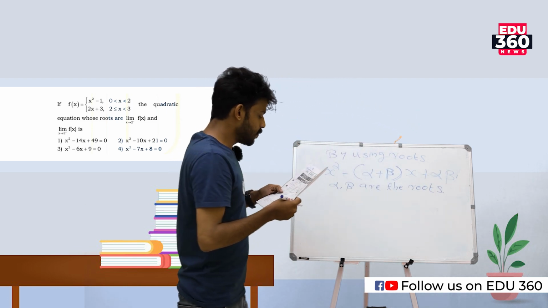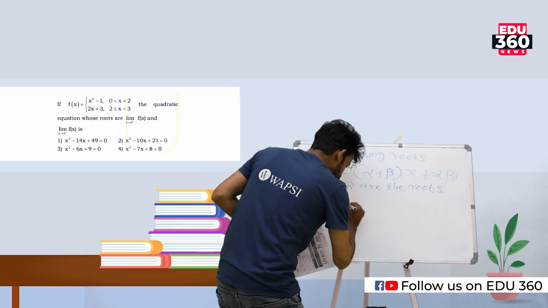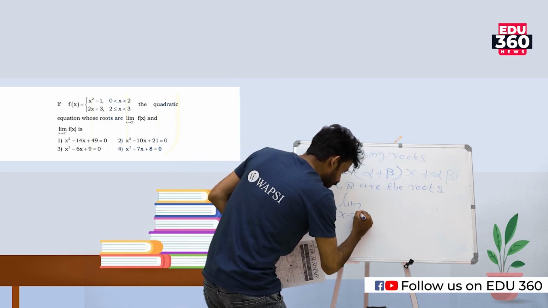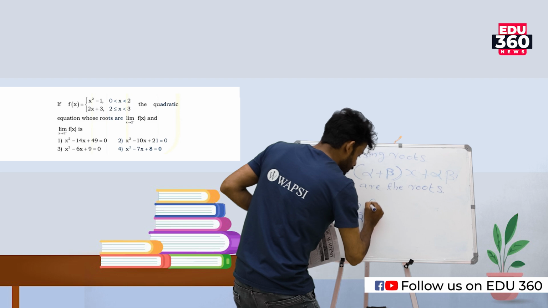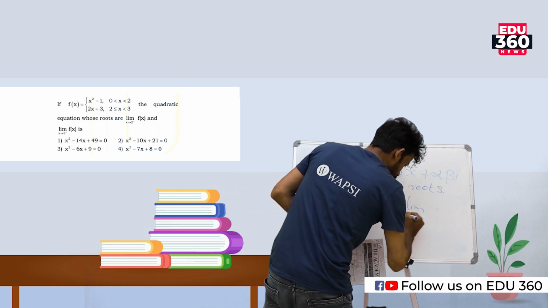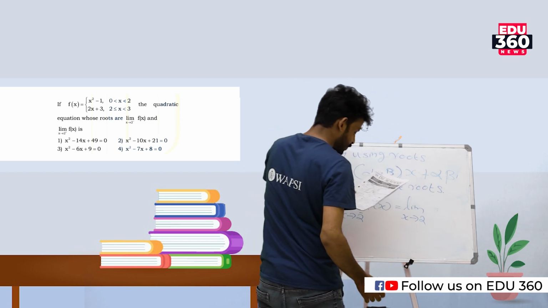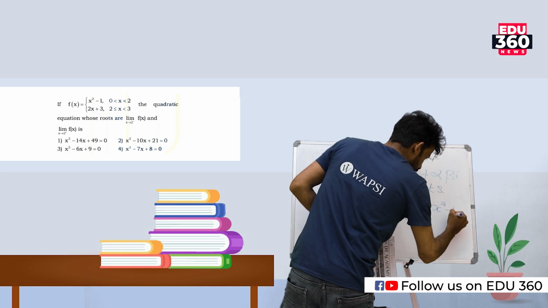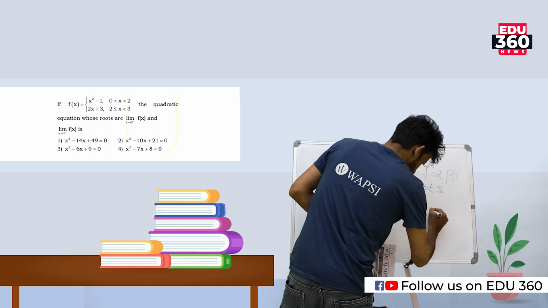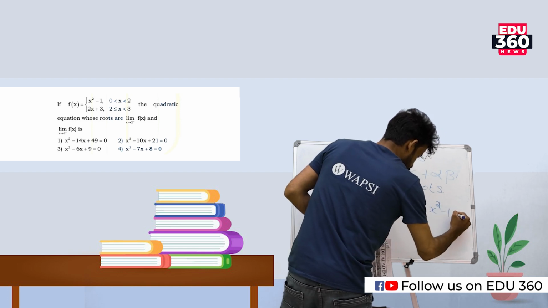So first of all, we can consider alpha. From the given hints, alpha is equal to limit x tends to 2 minus f(x), which is equal to limit x tends to 2 of x square minus 1.